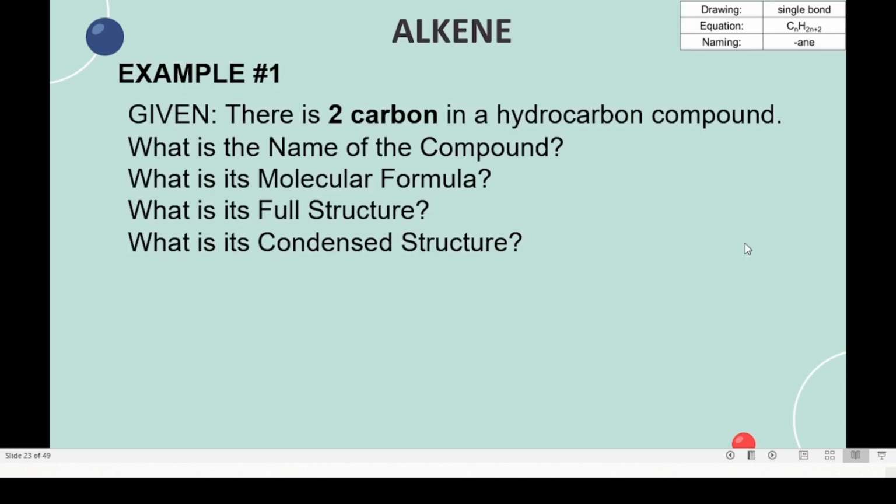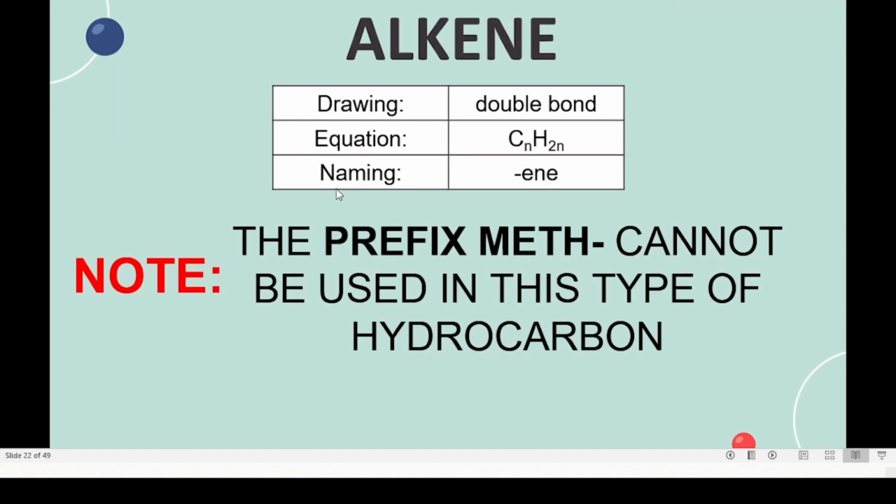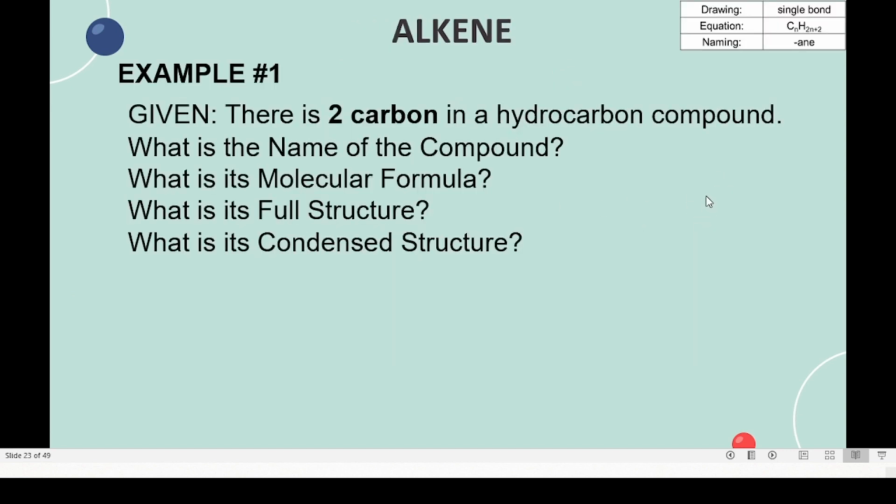Okay, that's how you're going to use it. Now, let's have an example. But before that, please take note that the prefix meth cannot be used in this type of hydrocarbon. It is because it doesn't exist or it cannot be applied. So, there is no meth in alkene.